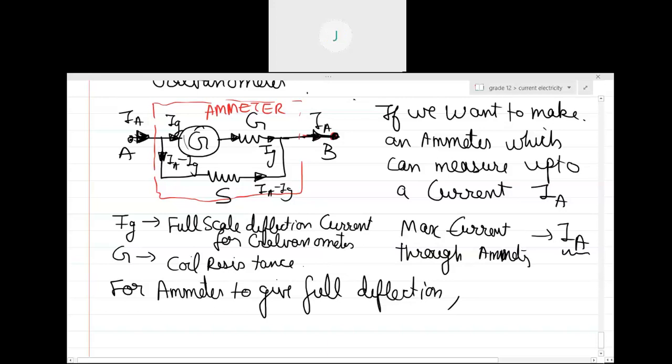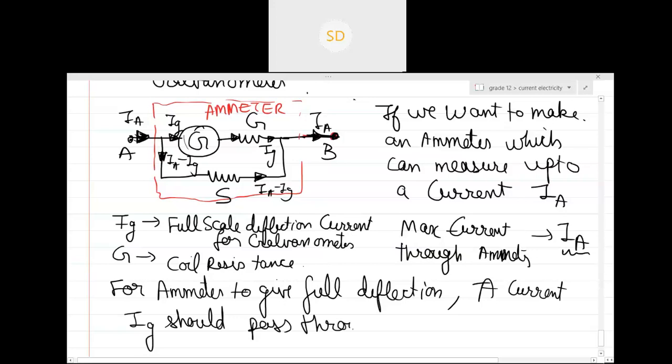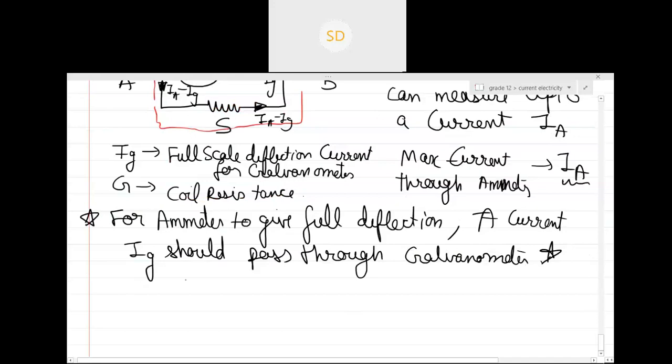So for the ammeter to give full scale deflection, a current IG should pass through, and this is how you do the problem through the galvanometer. This is the logic behind it, and once you discover the logic, then any device can be made.